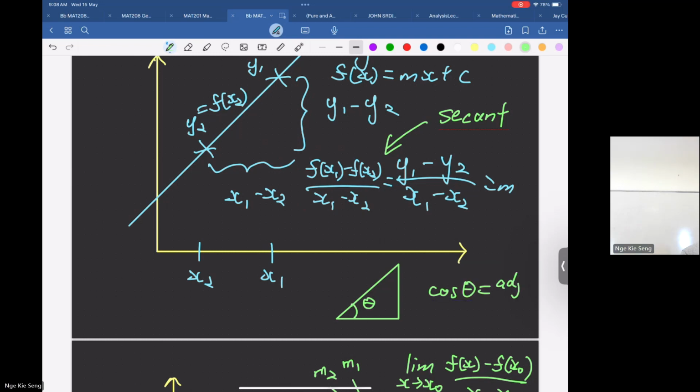So in that sense, secant is hypotenuse over adjacent. Does it make sense? Let me check the correct definition of secant.